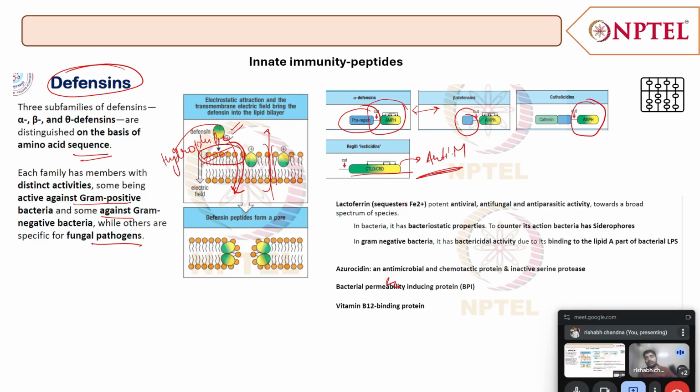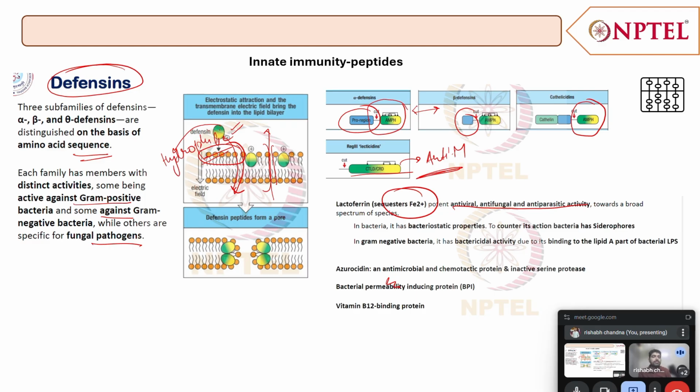Right. Then moving on to lactoferrin. So lactoferrin is basically sequestering the Fe2 plus ions. So it can easily trap the Fe2 plus ions. So it is a potent antiviral, antifungal, and anti-parasitic, so it is broad in terms of its antimicrobial activity.